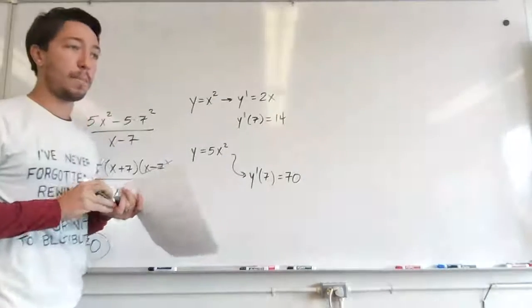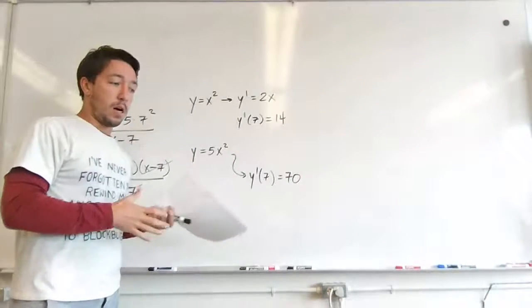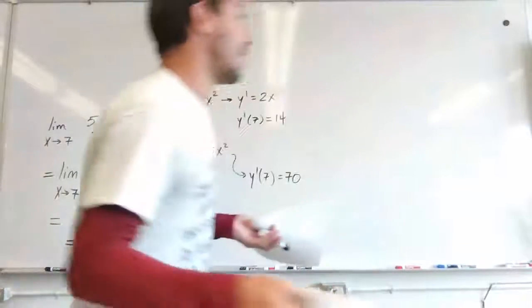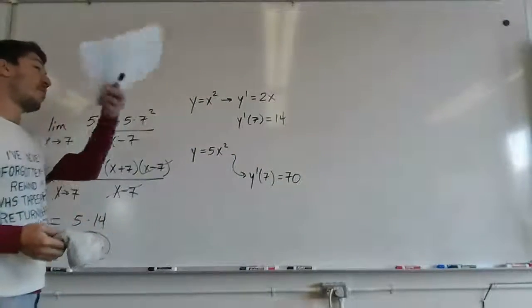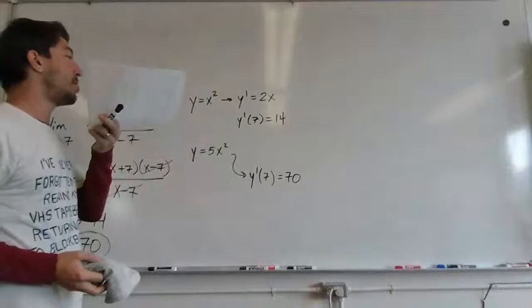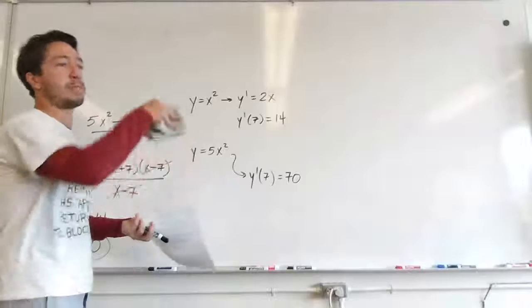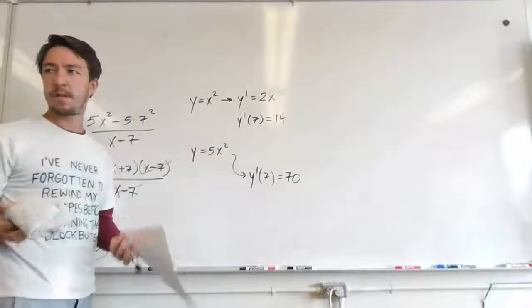That would matter a lot, right? It would mean that anytime I know a derivative, I would then know all the other derivatives. Any multiple of that function would have the same derivative, just multiplied by that number. Does that make sense?